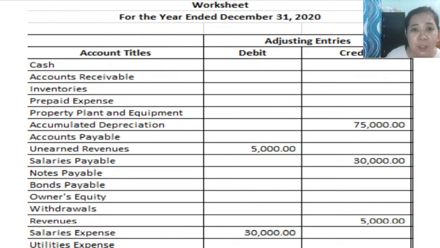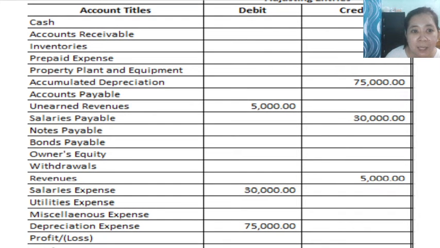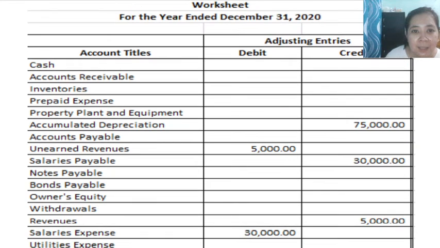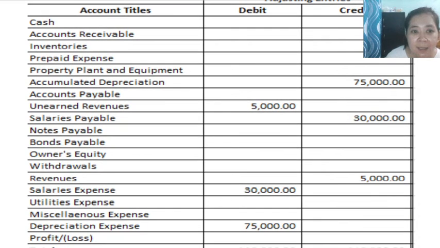So we will just follow where this account title was listed in the account title column. Our debit is under depreciation expense. Second is our salaries expense and salaries payable, and lastly is our unearned revenues and the recognized revenues.